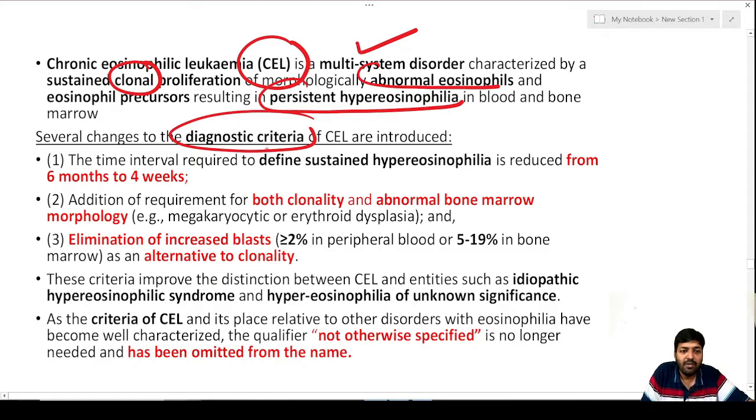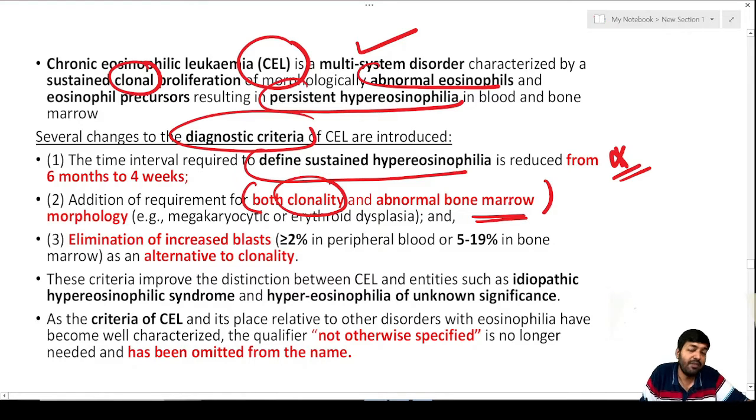The time interval required to define sustained hypereosinophilia has been reduced from 6 months to 4 weeks. Very important. Secondly, there is an added requirement for both clonality as well as abnormal bone marrow morphology. Before, clonality may or may not have been there, but today clonality has to be there, and abnormal bone marrow morphology, both of them have to be present for the definition of CEL.